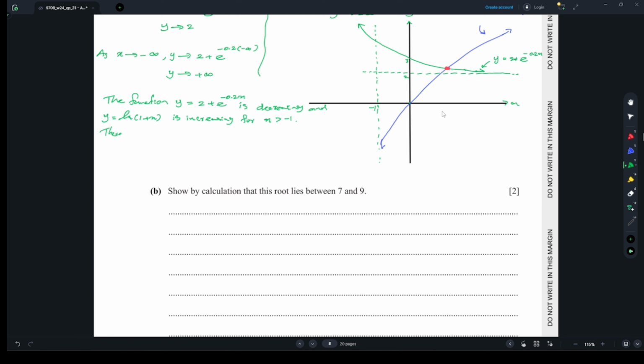Therefore, the two graphs intersect only once.